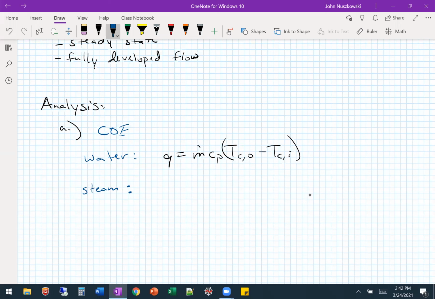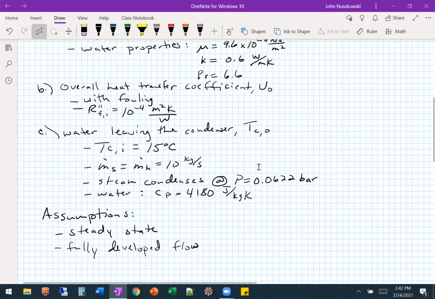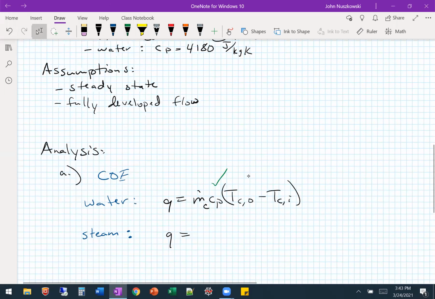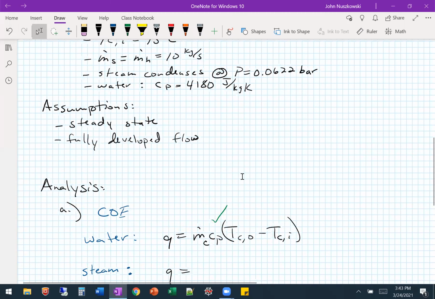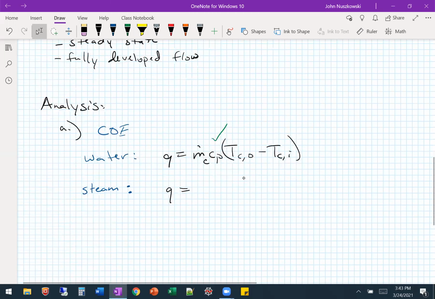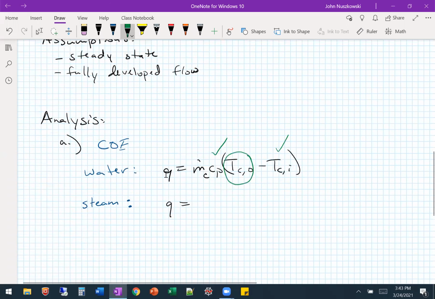On the steam side, all right, so we have over here mass flow rate, this is the cold side, right? If we look at this one, they gave us Cp. We have the inlet temperature, but we don't have the cooling water outlet temperature.